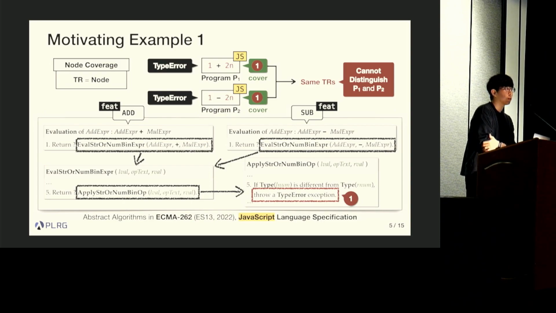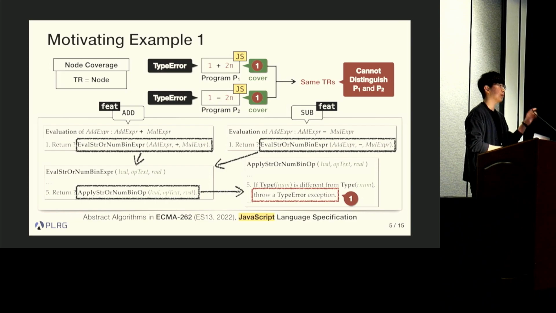In other words, if we use this node coverage information in coverage-guided fuzzing, the program pools are managed by coverage information. But these two programs have exactly equal coverage information, so one of them will be removed from the program pool. But actually, these two programs represent different edge cases.